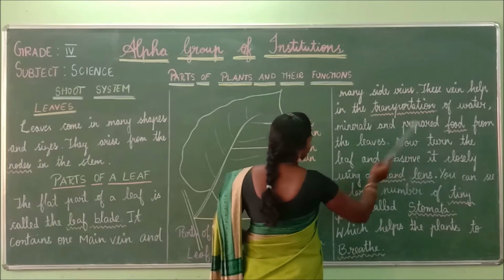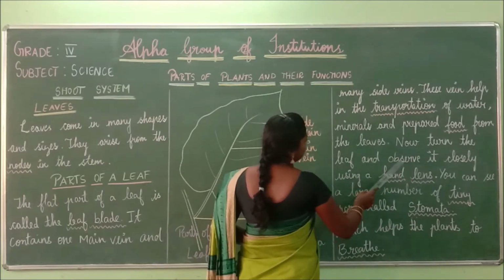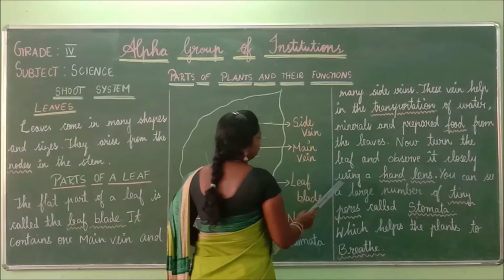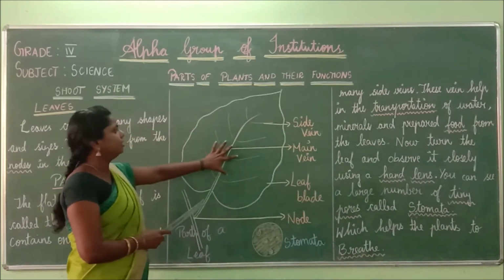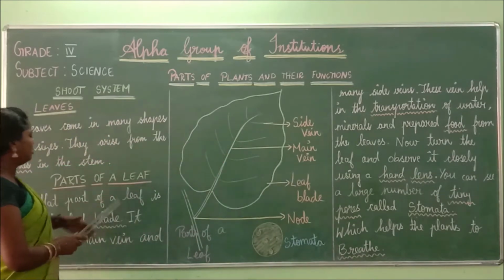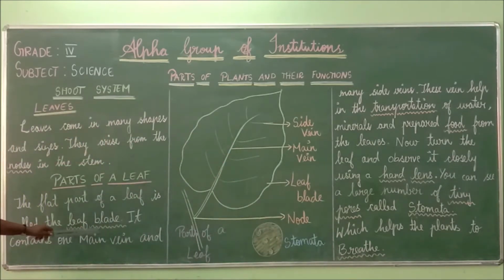Now turn the leaf and observe it closely using a hand lens. Now you know the front part is called, what is it called? Leaf blade.